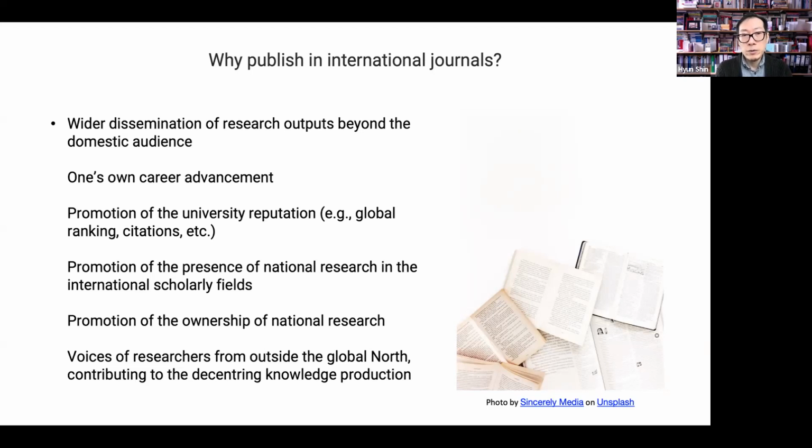It's also important from the university point of view in terms of promotion of the university's reputation. The more papers that you publish in English and therefore get cited, your researchers and university employees are recognized in the field, and it does contribute to the raising of university reputation.